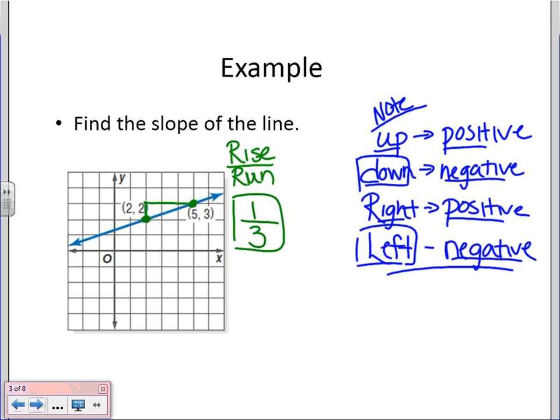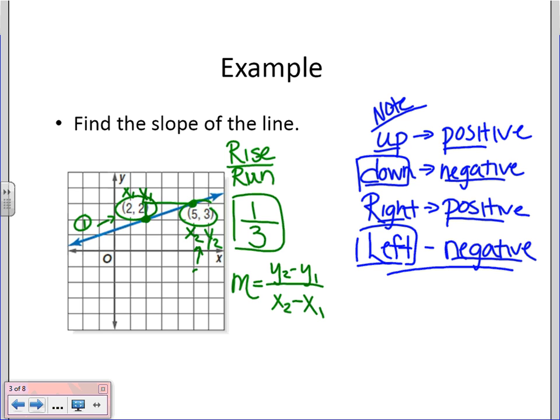Now I could also do this algebraically. Remember that formula I had, y2 minus y1 over x2 minus x1? We can look at these points right here, and we can pick these as, let's say this one is x1, y1. This one's x2, y2, and if you pick this one as your number 1, you want to keep these both consistent with number 1.